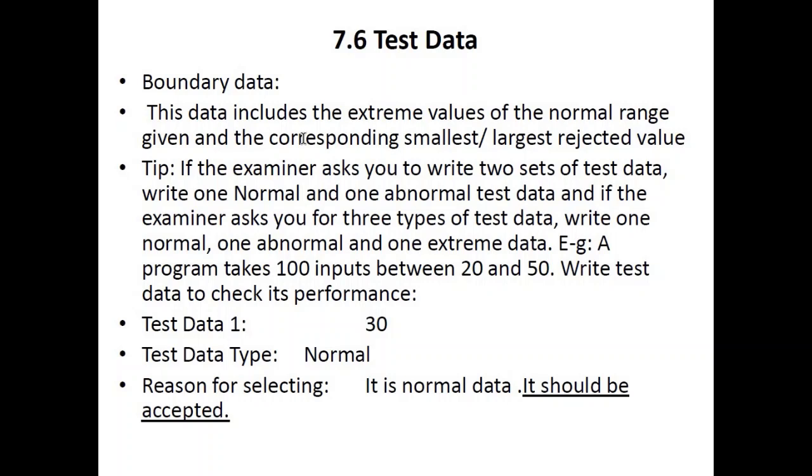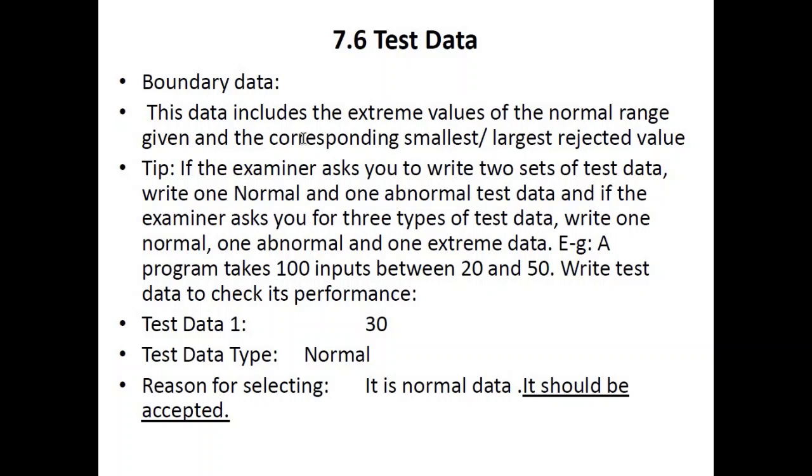Now let's solve an example so that we can better understand this. A program takes 100 inputs between 20 and 50. You have to remember the keyword over here is between 20 and 50. That means 20 and 50 are not included.